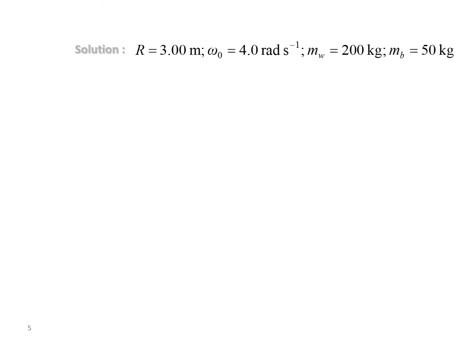So this is the information given: omega naught, m_w is the mass of the wooden rotating disc, and m_b is the mass of the sandbag. Next, the moment of inertia of the disc.